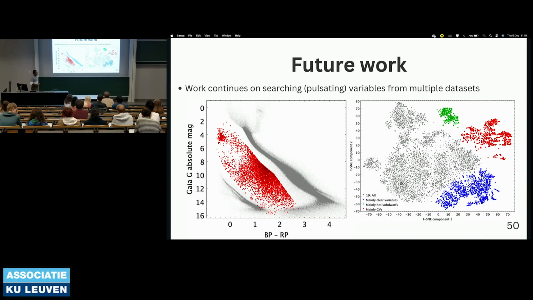Now you're looking for pulsators among those sdBs and sdOs. Do you still use exactly the same set of 27 features as before? Yeah, I use the same 27 features in this work here.